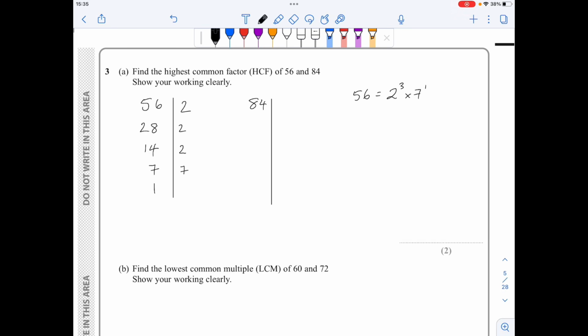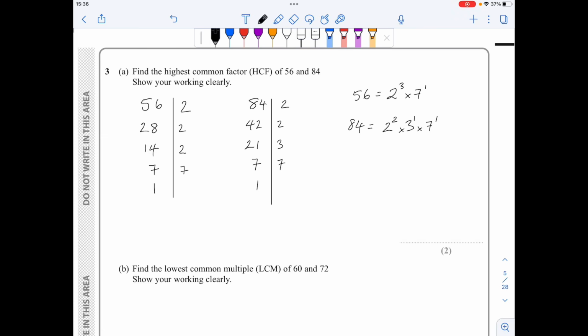Let's repeat for 84. Divided by 2, it's 42. Divided by 2, that's 21. Divided by 3, it's 7. Divided by 7, you get 1. So 84 is equal to 2 to the power of 2 times 3 to the power of 1 times 7 to the power of 1.